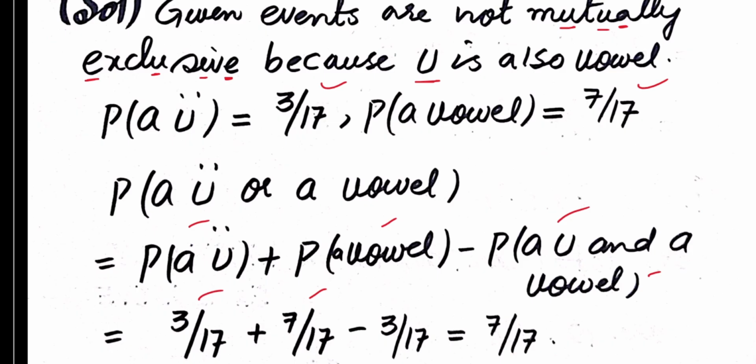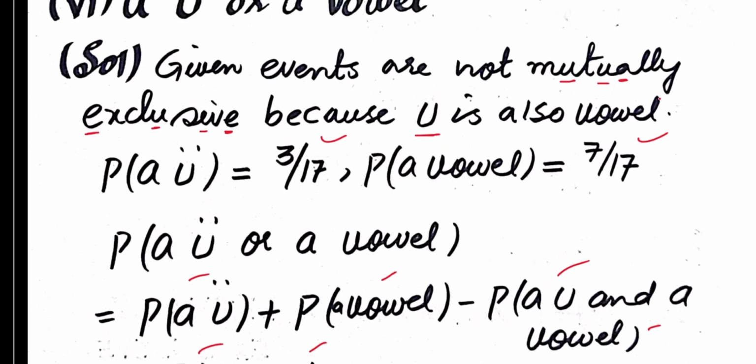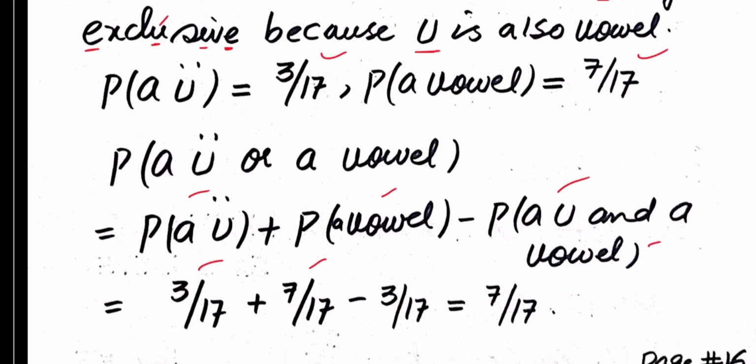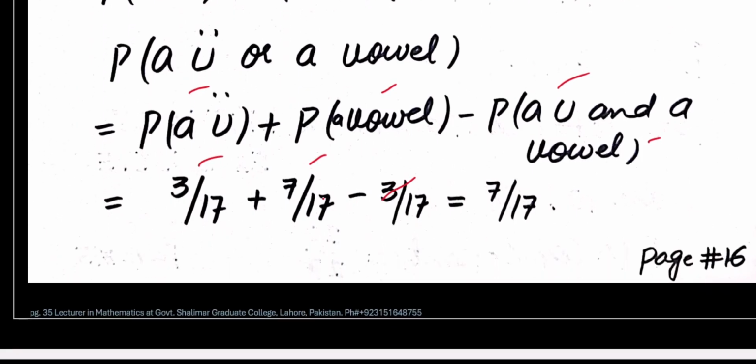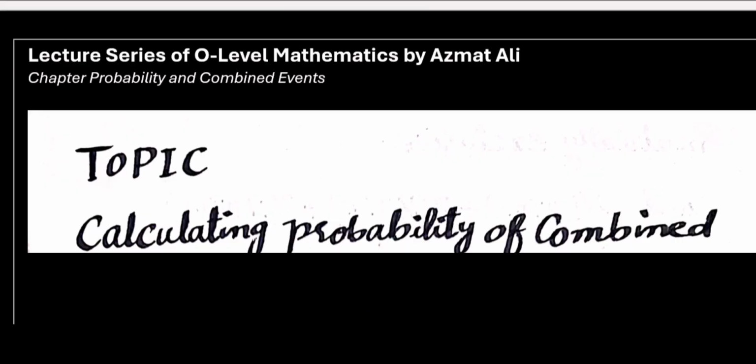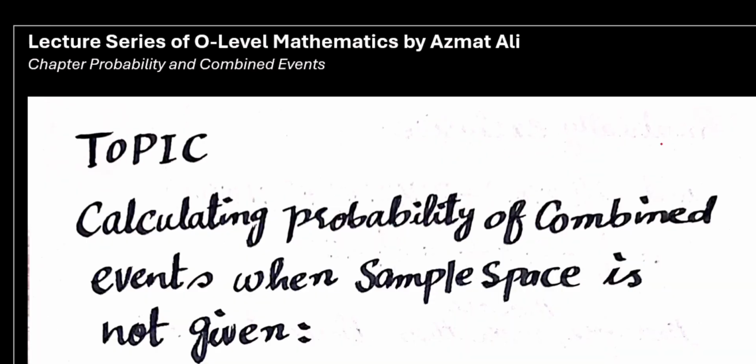In other words, you have to count how many times U repeats here. So there are 3 U. So this cancels, and the final answer is 7 over 17. So it completes.